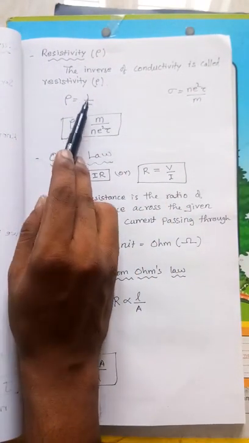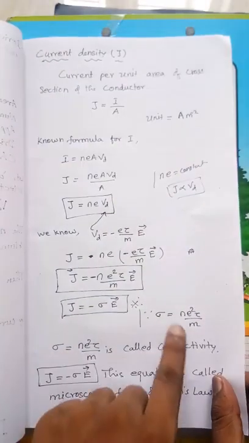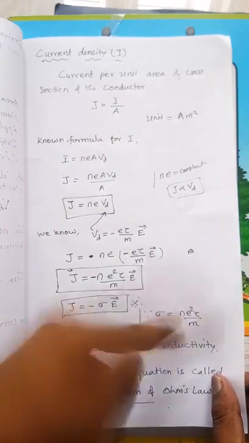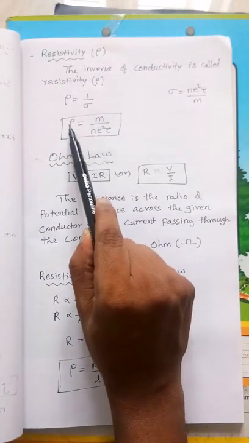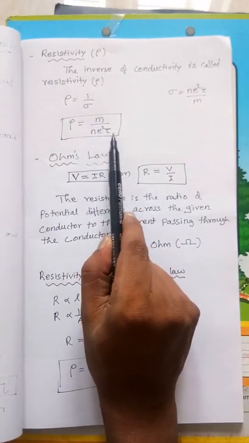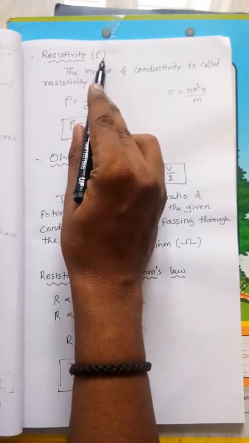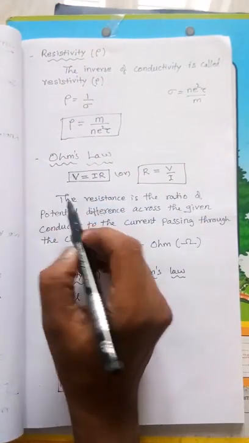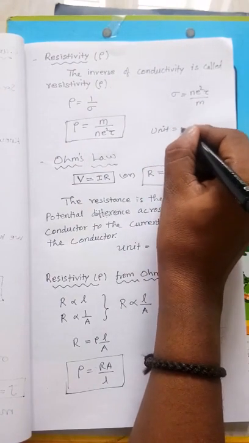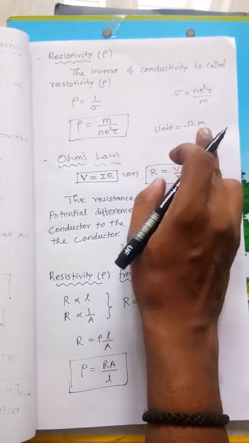You know the conductivity value is n e square tau by m, so resistivity is its reciprocal, m by n e square tau. It is called resistivity rho. The unit of resistivity is ohm meter.